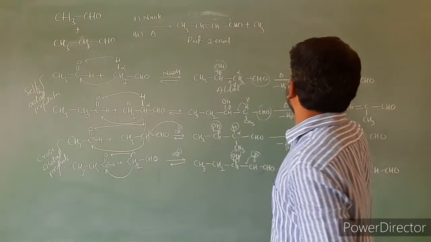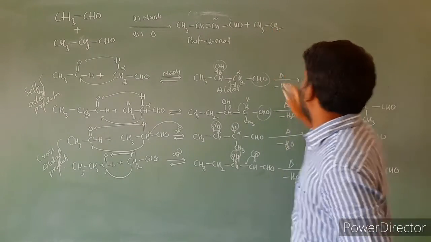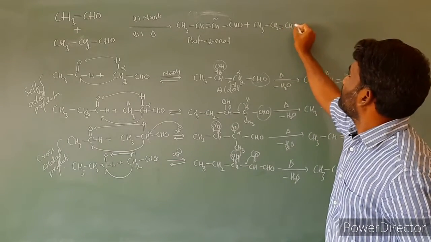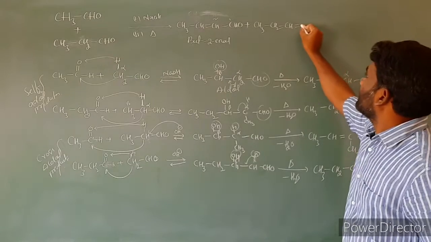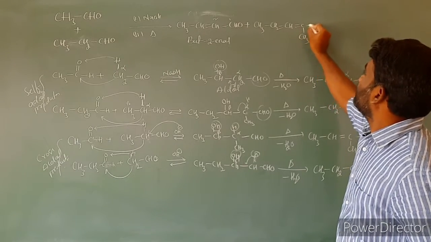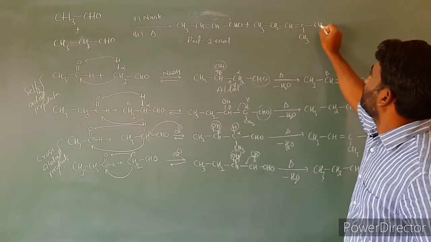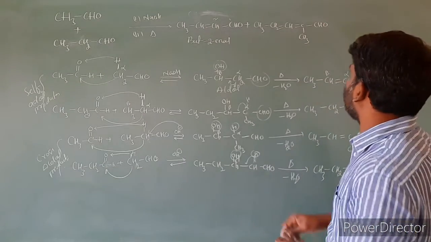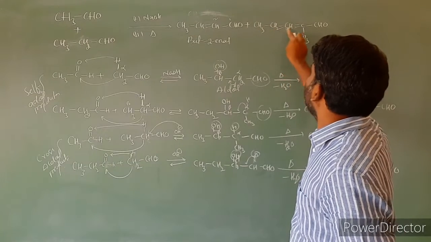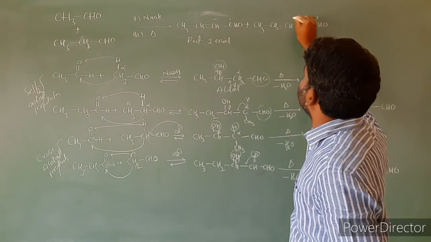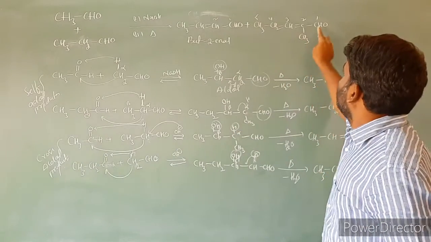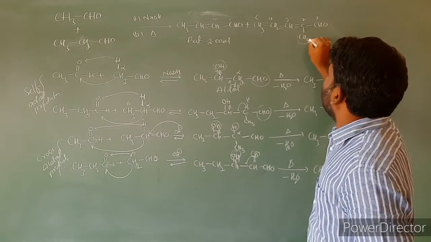Then this product: CH3 CH2 CH double bond C CH3 CHO. This is another product formed in this reaction. What is the name of this product? 1, 2, 3, 4, 5. At the second carbon a methyl group is there.